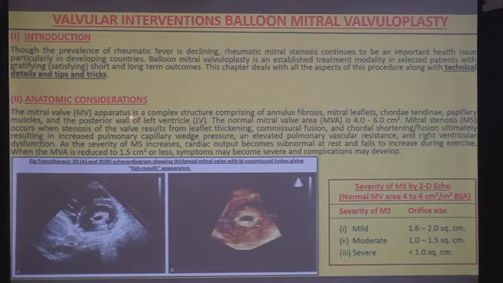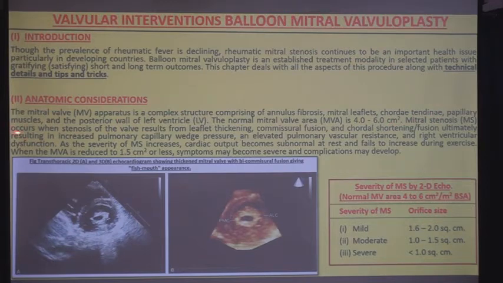Now the anatomical considerations. The mitral valve apparatus is a complex structure comprising of annulus fibrosus, mitral leaflets, chordae tendineae, papillary muscles, and posterior wall of left ventricle. The normal mitral valve area is 4 to 6 centimeters square.